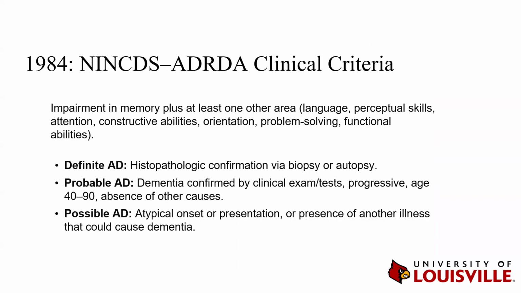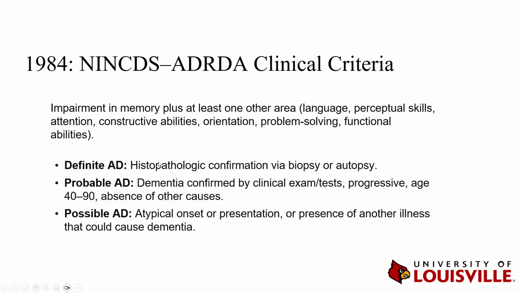Here we have one of the most poorly named institutes I've ever heard: the National Institute for Neurological and Communicative Diseases and Stroke, Alzheimer's Disease and Related Disorders Association, the clinical criteria. I'm thinking they were probably getting paid by the letter when they were naming their organization. But essentially at this point, we had three categories of Alzheimer's disease.